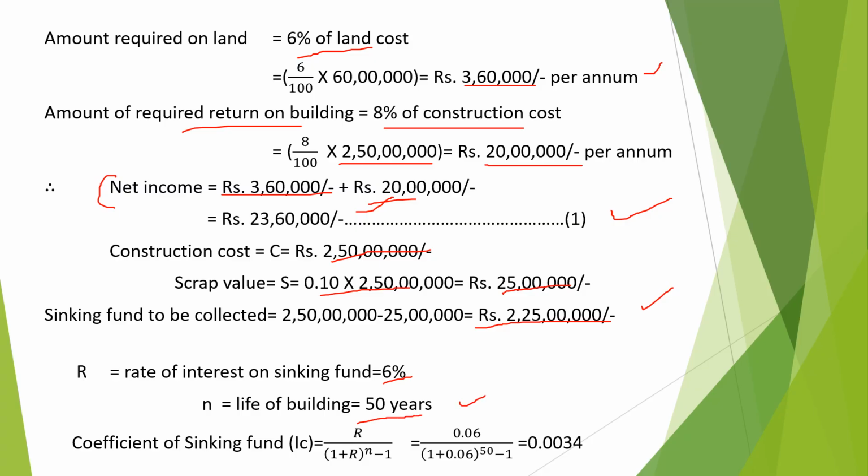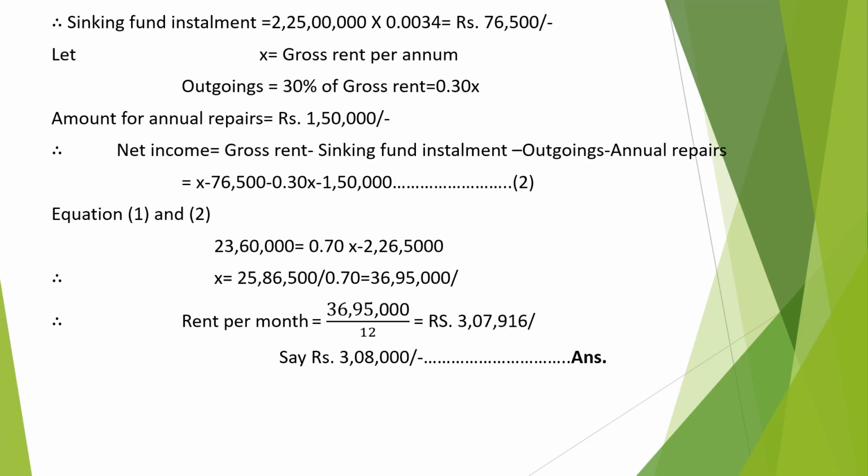If you calculate the sinking fund coefficient, you know the formula: r upon (1 plus r) to the power n minus 1, where r is 0.06 and n is 50. It comes out to be 0.0034. So how much amount do you require per annum? 2 crore 25 lakh multiplied by 0.0034 means you require a sum of 76,500 per annum to be deposited as sinking fund.